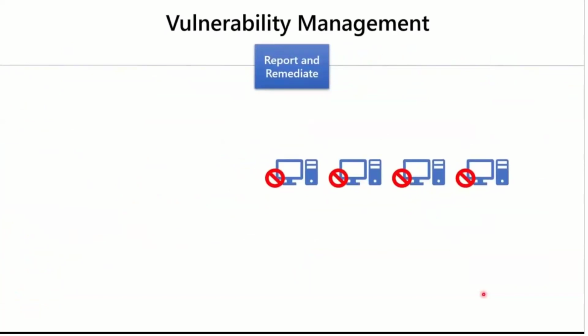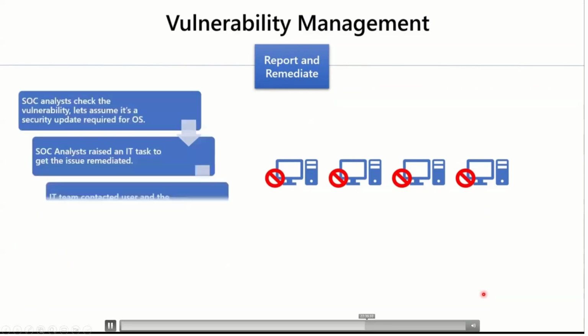Then comes report and remediate. For example, a vulnerability is present, you know it is present, and a severity has been assigned to the event. Then you have to report each and every vulnerability and suggest the possible remedy for it.